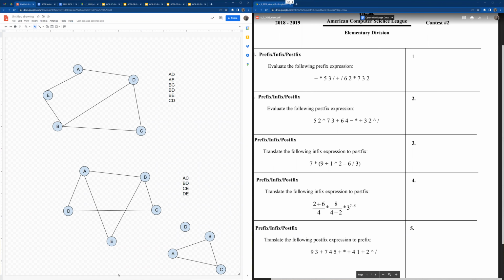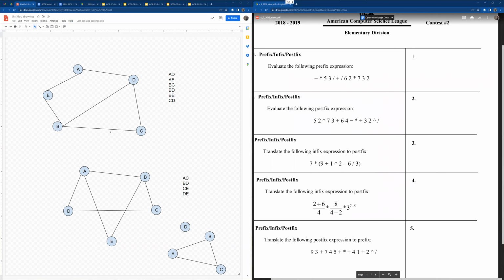You have to add AD, BD, CD, for this graph to again be a complete graph. But to be connected, I just need to add one edge.